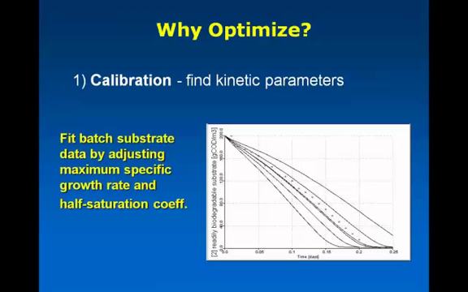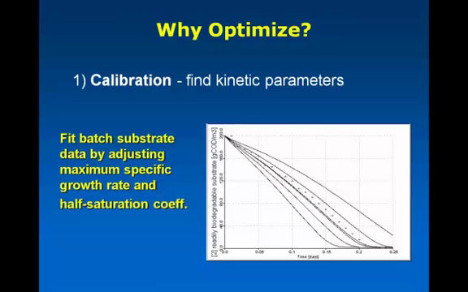Typically there are two different kinds of optimizations that we do with this automatic feature in gpsx. The first one, the more straightforward, simple one, is to use it for calibration, and in particular, trying to do parameter estimation by fitting to a number of data points. In this case, and I'm going to show you this example in a moment, we're going to fit the simulation to some batch data for a situation where we have a bioreactor with a certain amount of substrate in it, and that degrades over time.